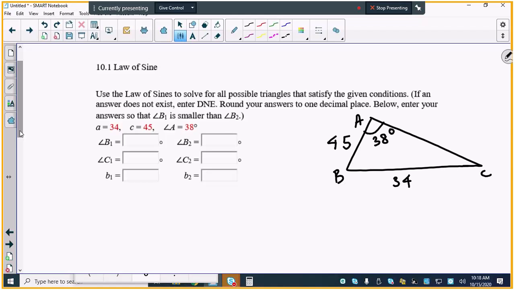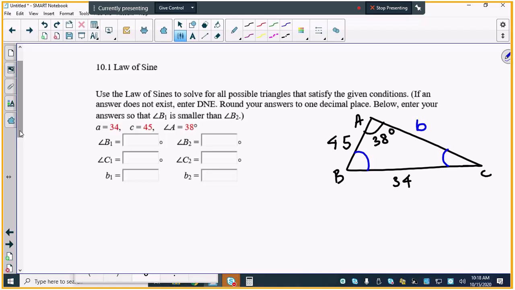So I can start by saying let us name this side B, and this angle is your angle C, this angle is your angle B, and we're going to find this information.